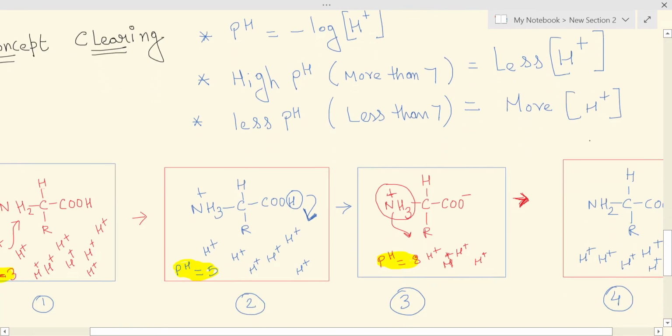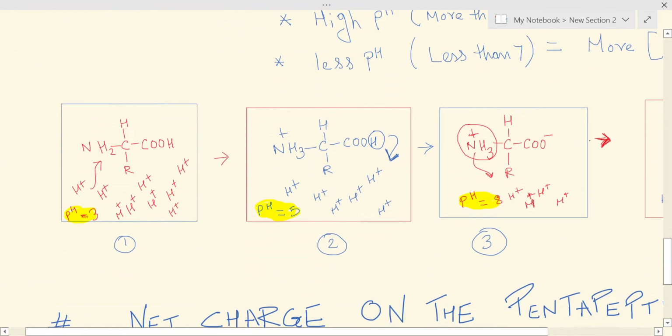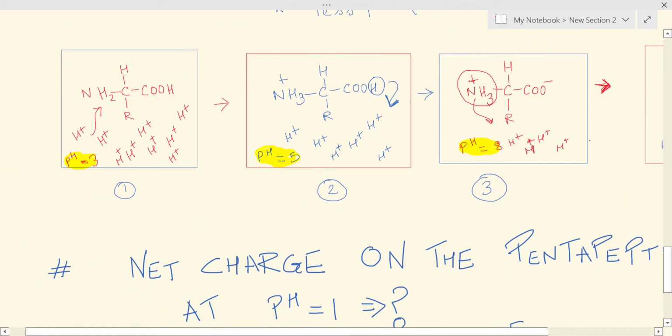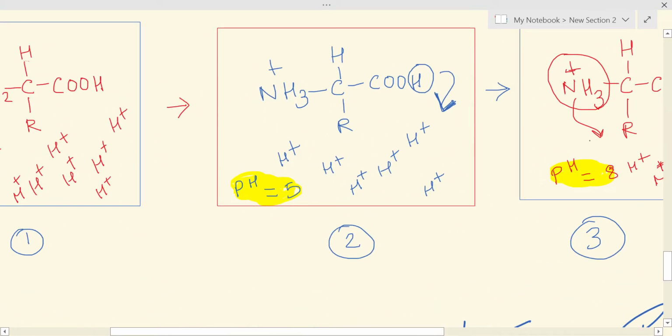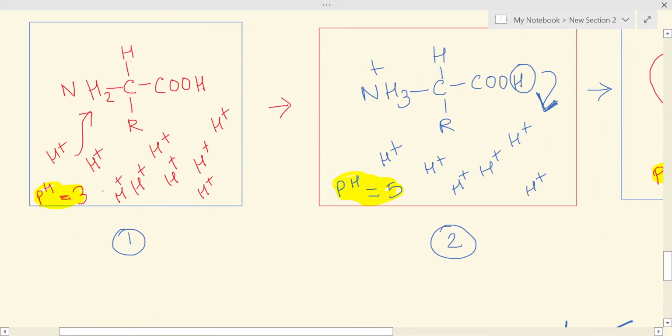Now let's take this example over here. Suppose this is beaker number 1. It has this amino acid structure, and the pH of this medium is 3.